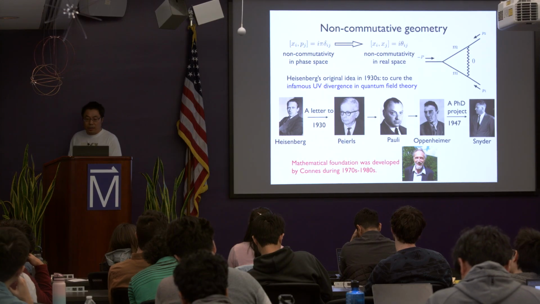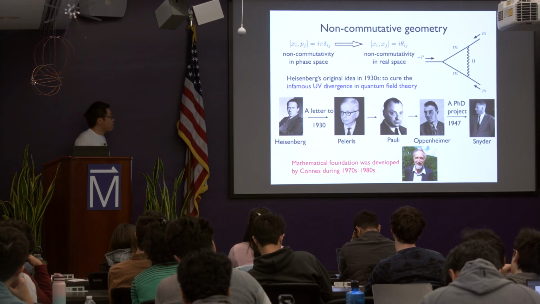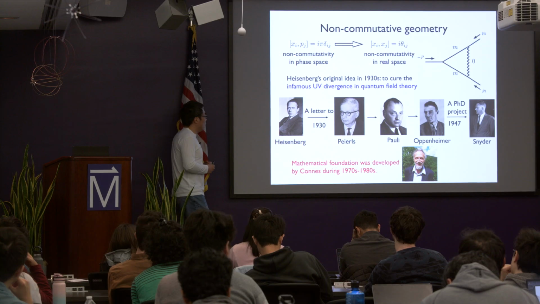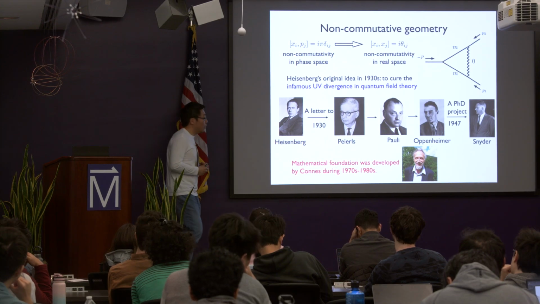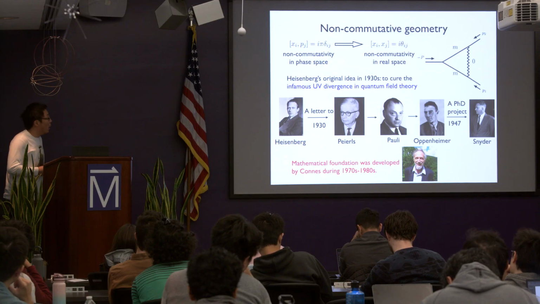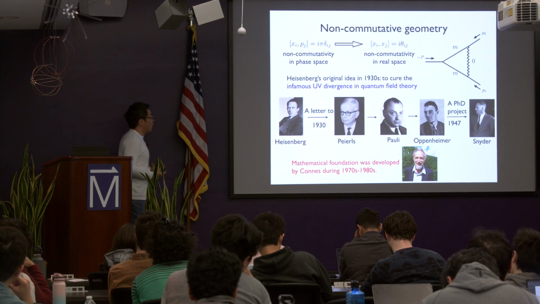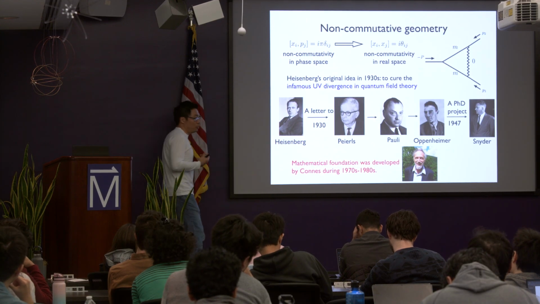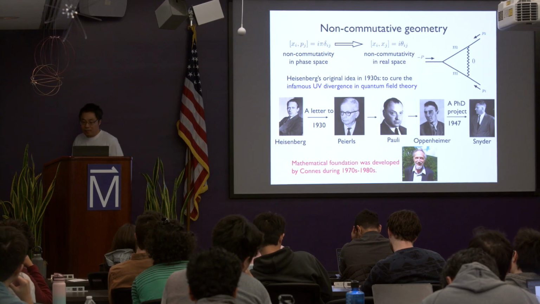You won't get them. You will get some other theories with some non-locality built in, right? So this idea was not successful in the past, but now I think maybe it's a good time to really revisit this idea.